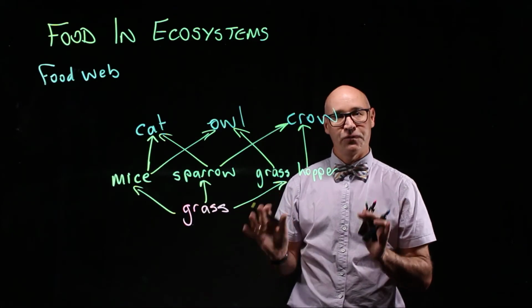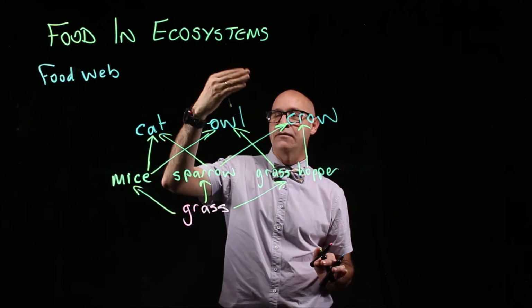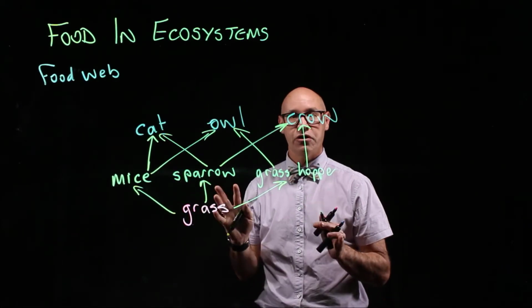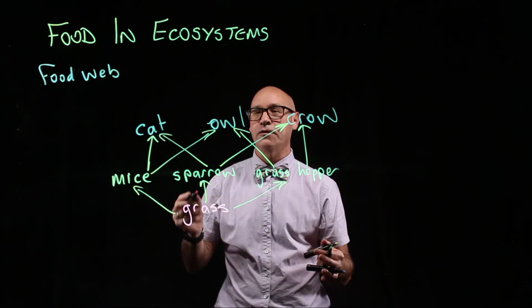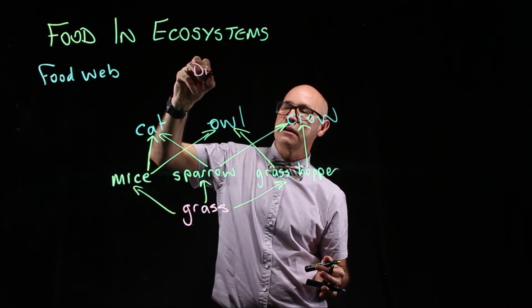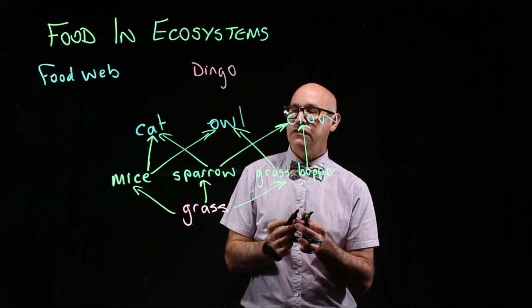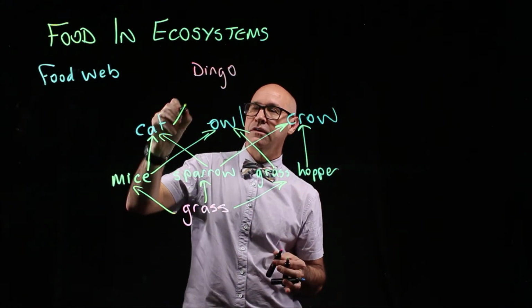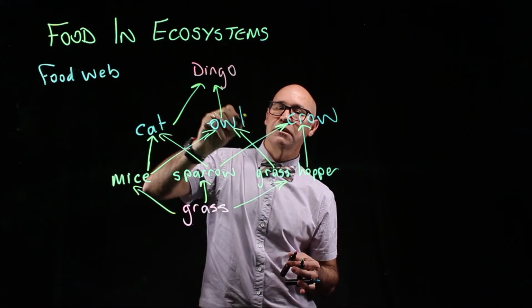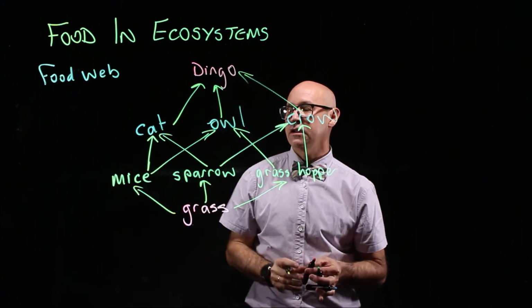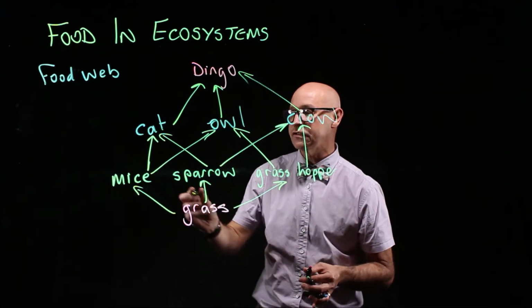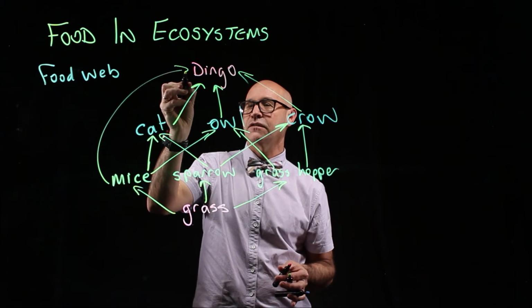In this particular food web, we also have another level, third order consumer. And at the top we have the dingo. And the dingo eats the cat, the owl, and the crow. Now, the dingo also eats the mouse.